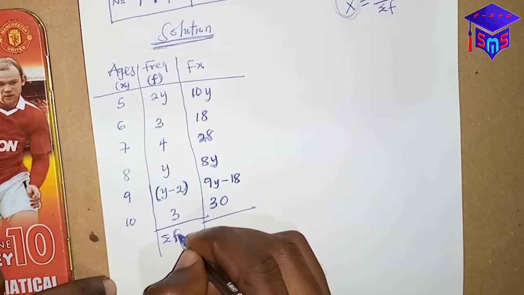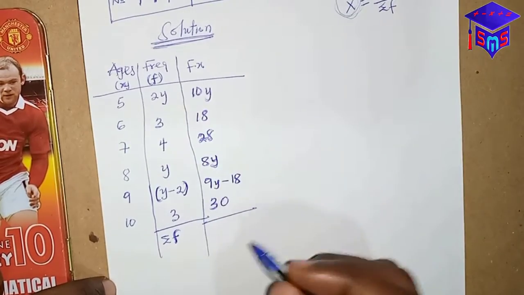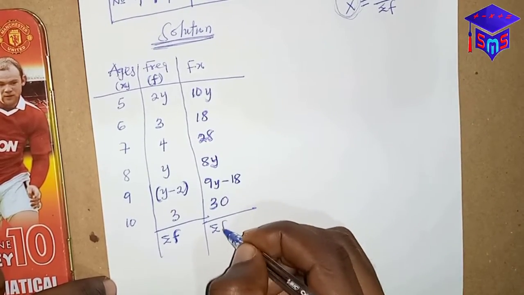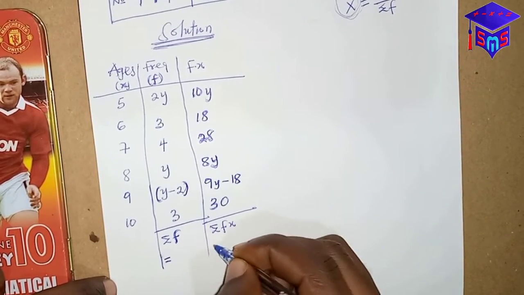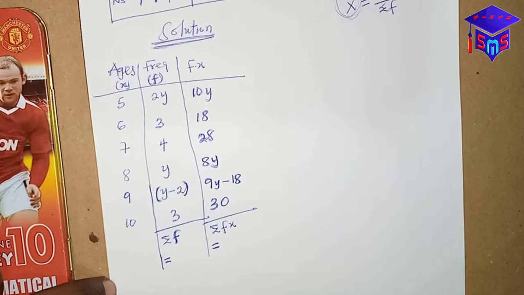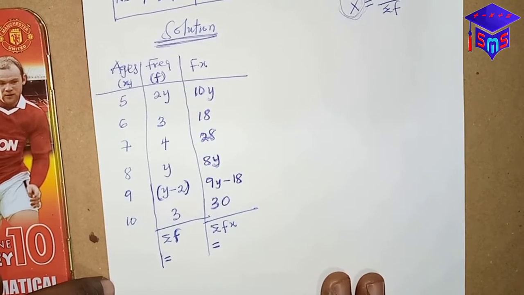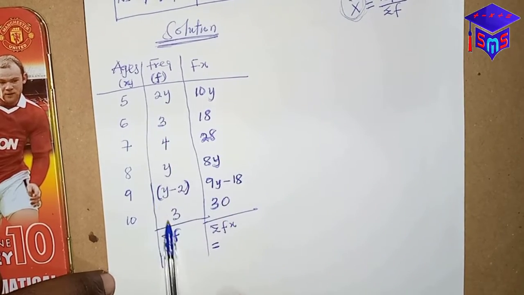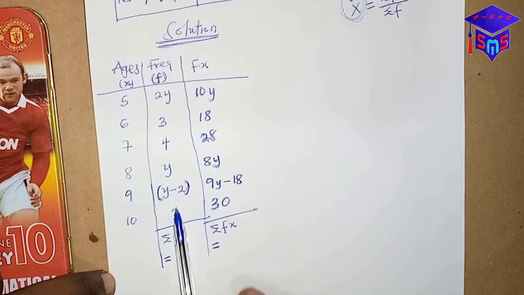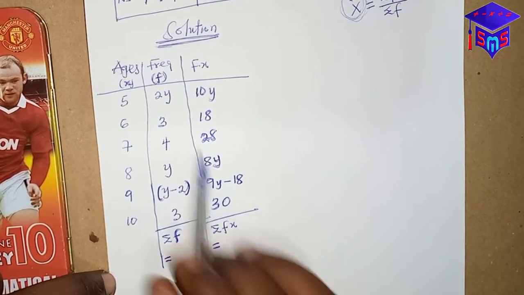Sigma f. And then the sum of the fx values, which is sigma fx. Now we have to pay attention in doing this because it's a little technical. To add these values, you add those with the variables separately, and then you add those without the variables separately.